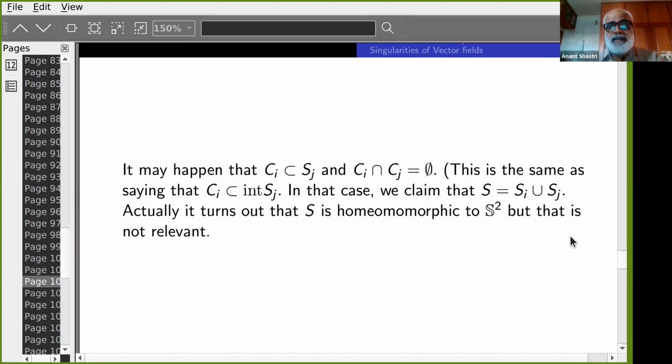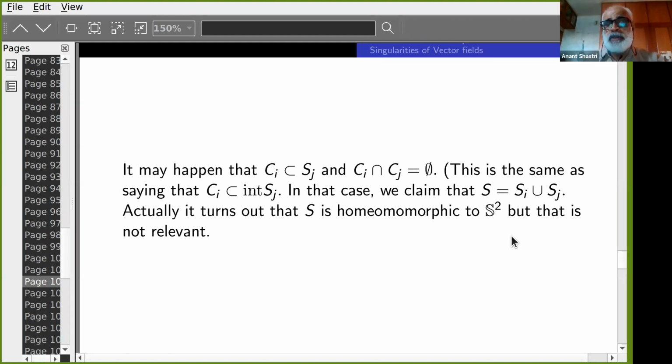So let us understand this case very clearly. Once you have a compact surface that is the union of just two surface patches, then it must be homeomorphic to S2. But that it is homeomorphic to S2 is not relevant here.